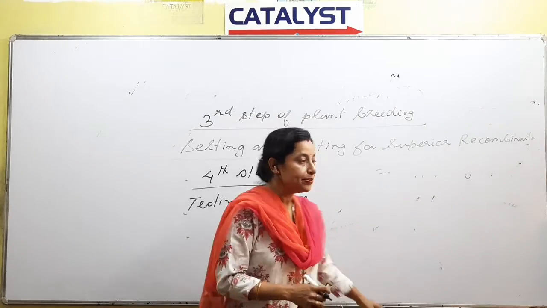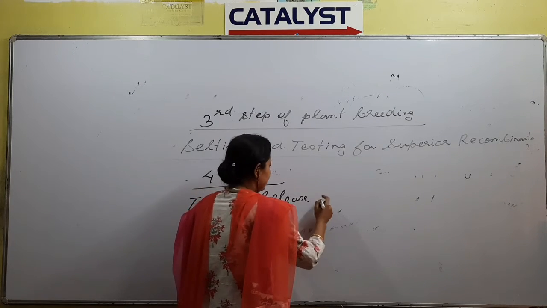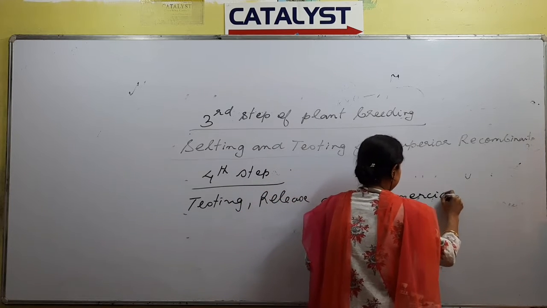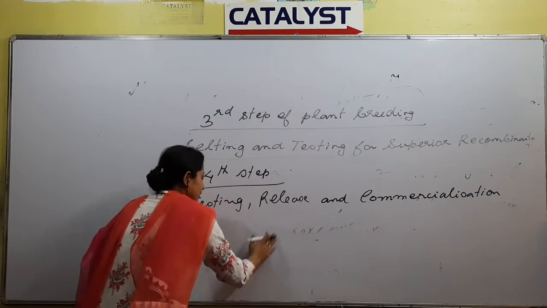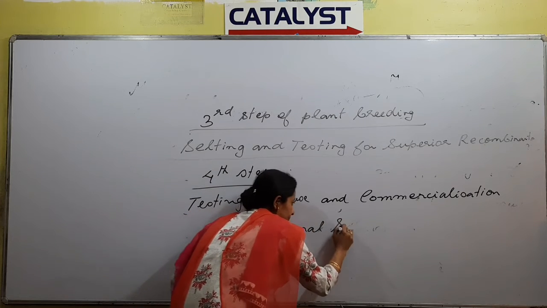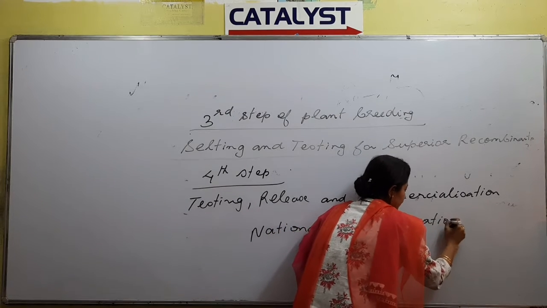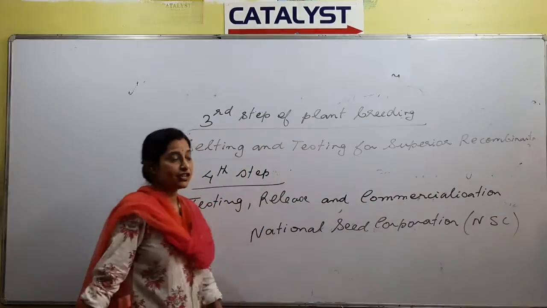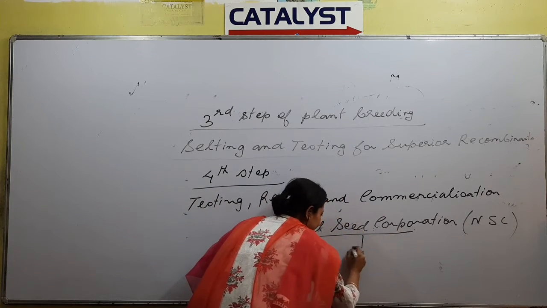So in that case the fourth step is testing, release and commercialization. Right? Who does this? You have a corporation called the National Seed Corporation, and they will certify.